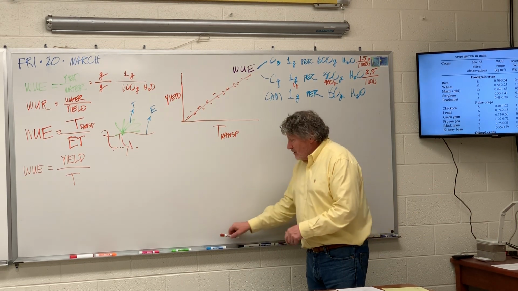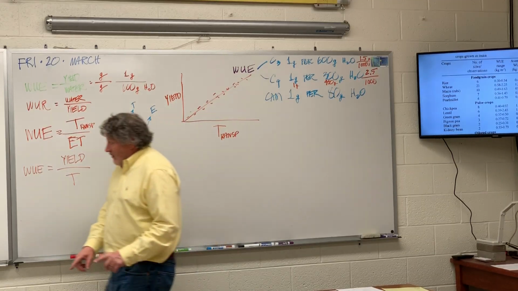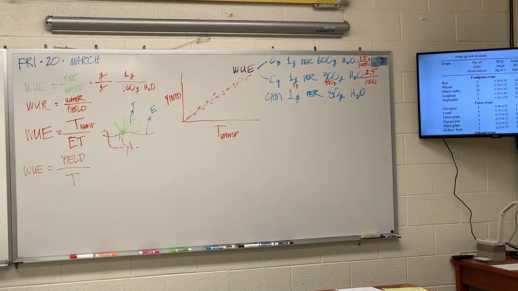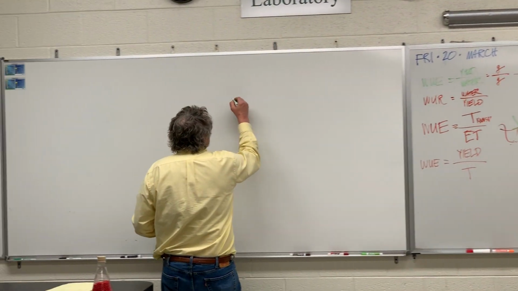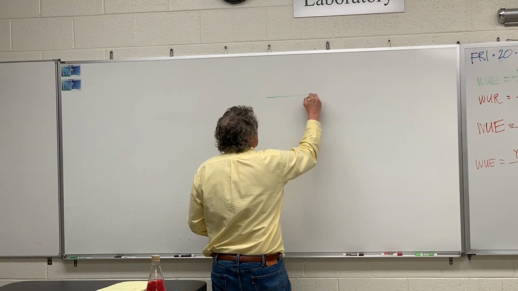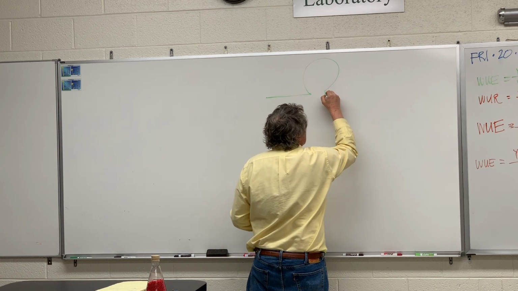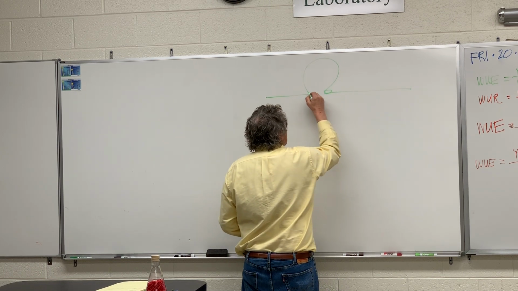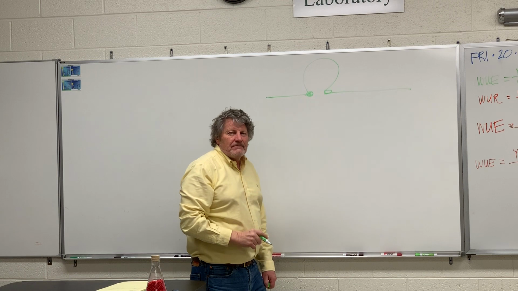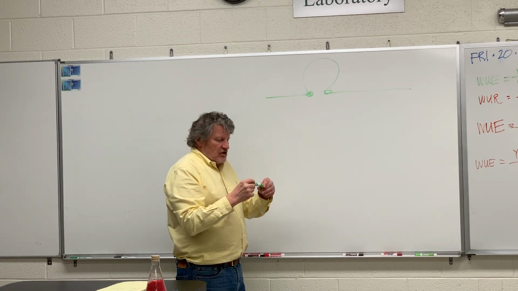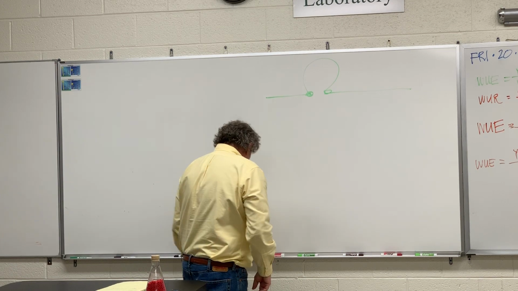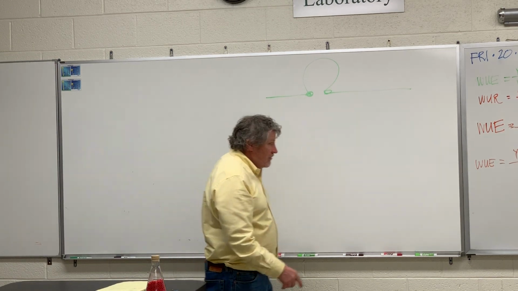So what we're going to take now, I'll put this in green, and hopefully you can see that. Good enough, I think. One stomate. We're going to analyze all the water on the planet based on one stomate. As you know, now we're going to do blue.